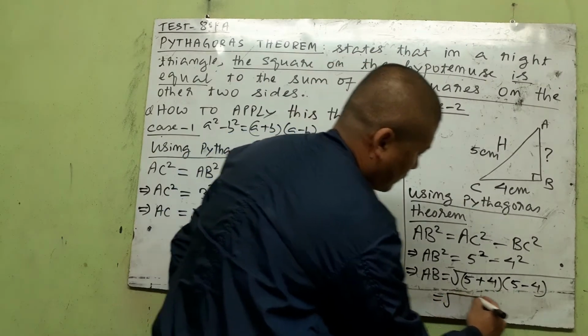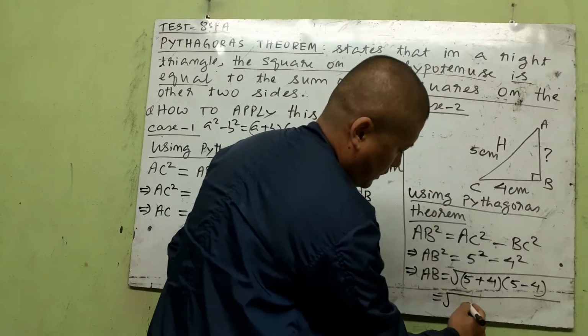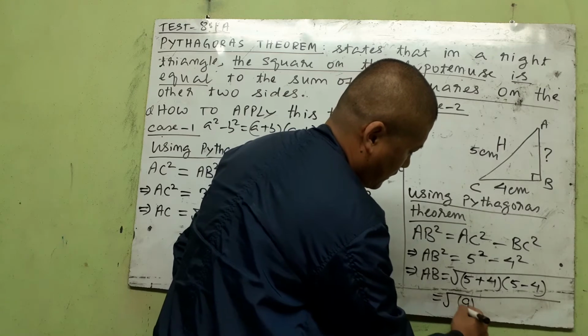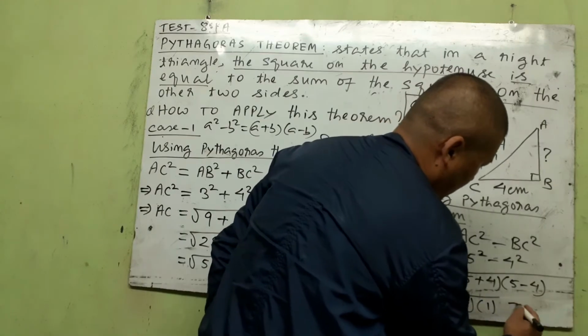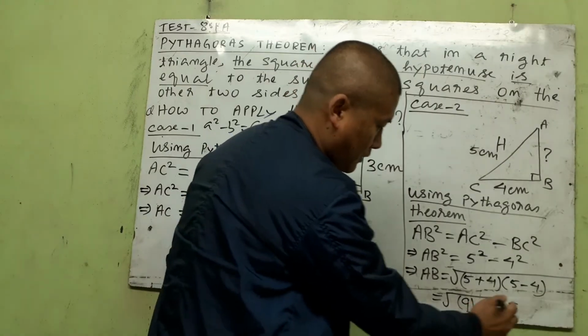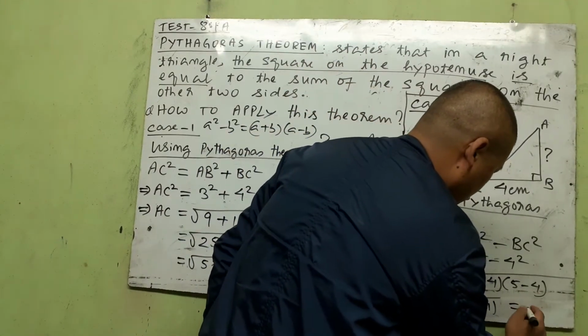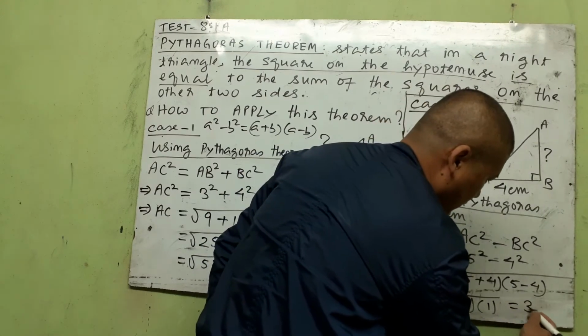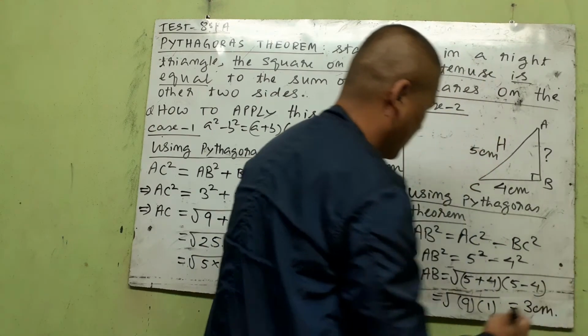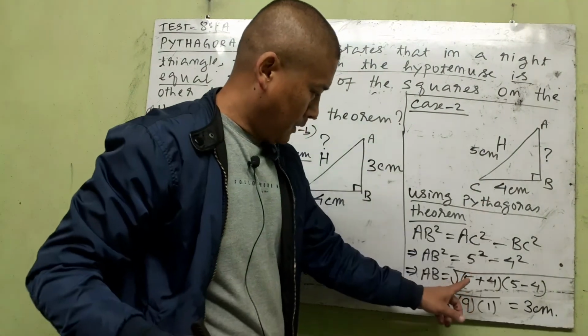So that will be equal to root over 5 plus 4, which is 9, and 5 minus 4 is 1. So root over 9 ones are 9 is root 9, right? So root 9 means 3 3s are 9, so it will come out as a single 3. So we found the unknown side AB as 3 centimeters.